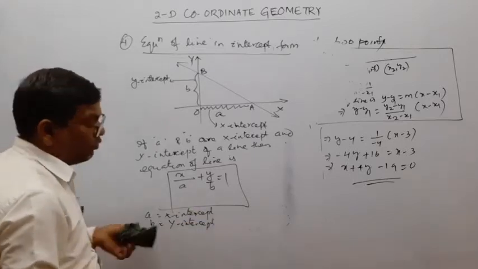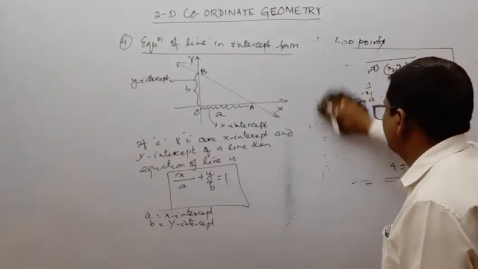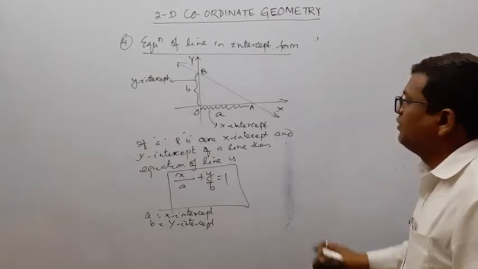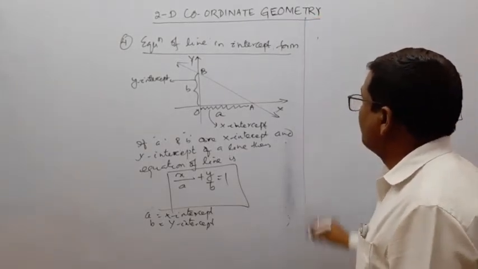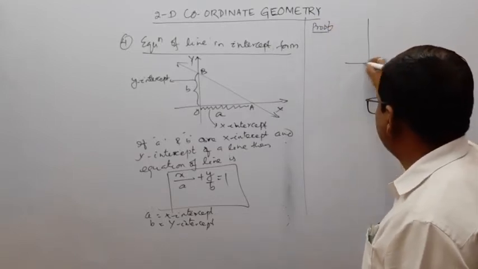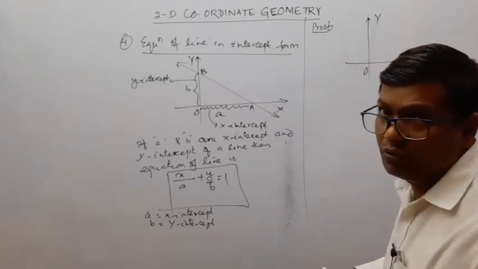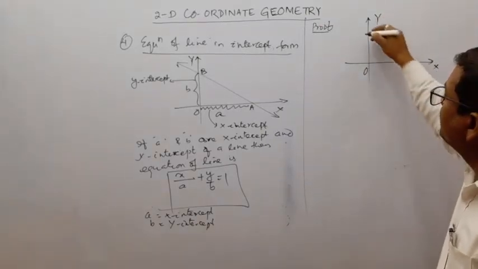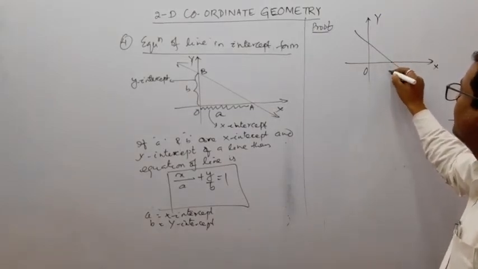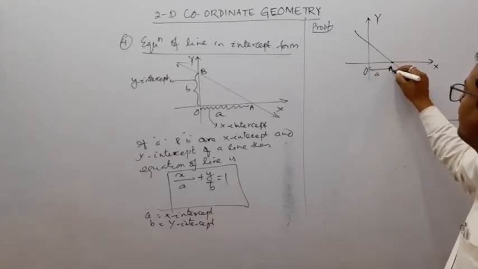Now proof of this formula. How to prove this? Now proof: this is the coordinate system x and this is y and this is O, and the line is passing through like this. Suppose this distance is A. So what is the coordinate of A here?